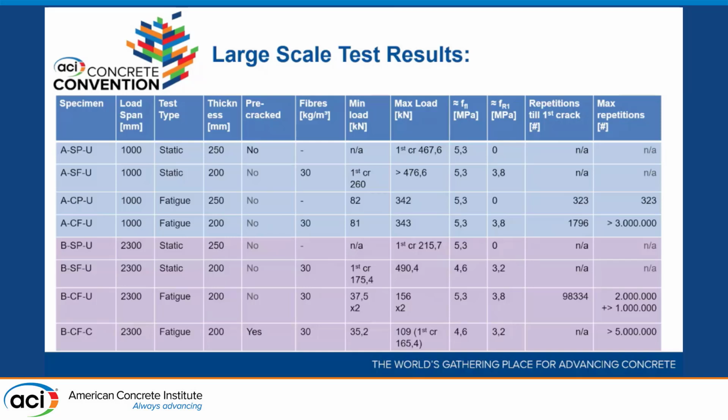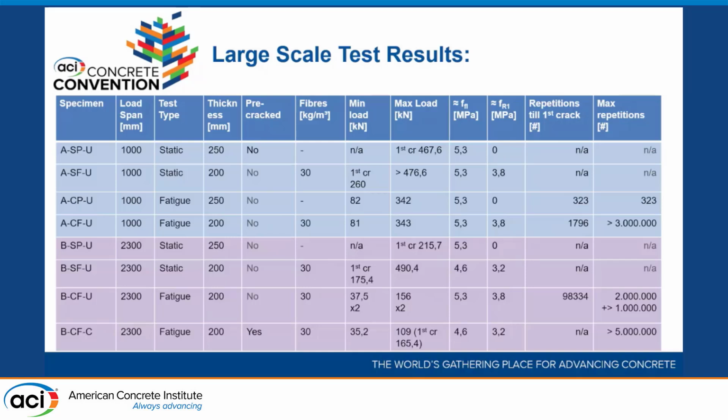So based on this test, thickness, this one wasn't pre-cracked. There's one that was pre-cracked, but this one was not. Fiber dosage, minimum loading, maximum load. This is FFL, and this is FR1, and repetitions until first crack, and then the maximum repetitions.